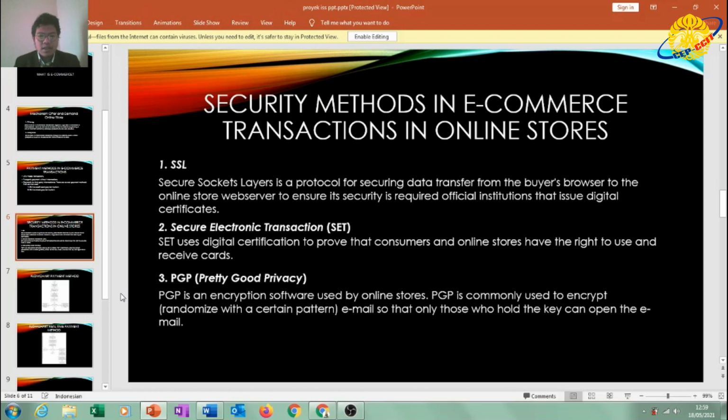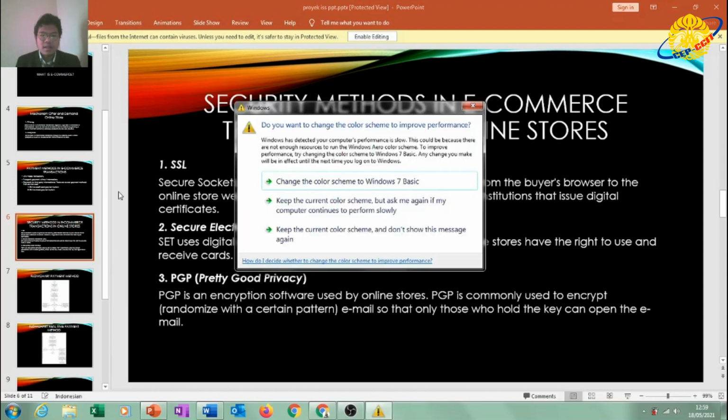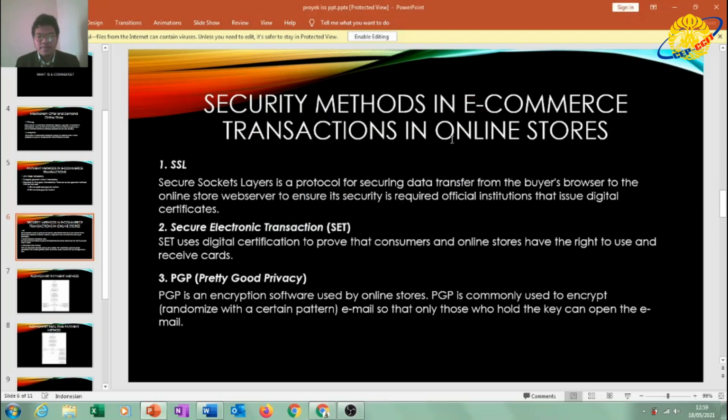For the first, we can use SSL. SSL is a protocol that secures data transfer from the buyer's browser to the online store's web server.